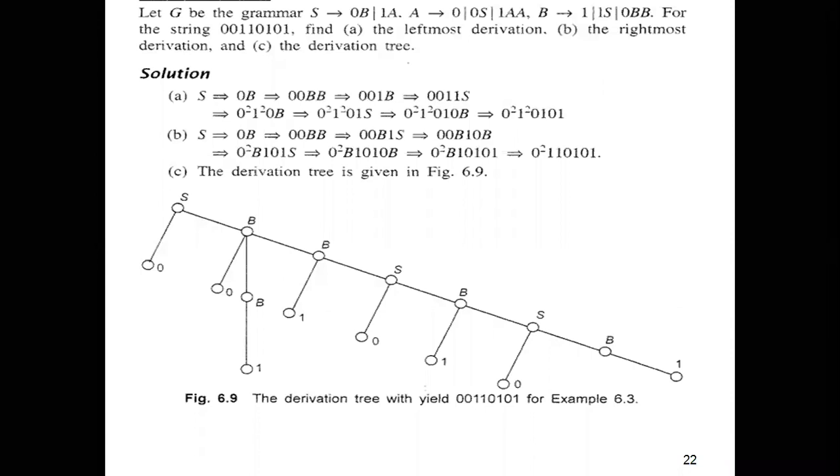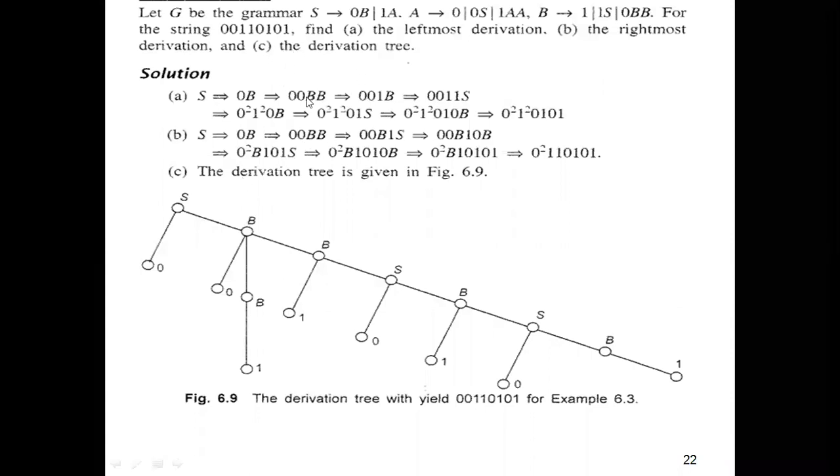for better understanding. And the next thing, the C part, is the derivation tree. Now I need to show the derivation for this input string. And here I start with an S, right?